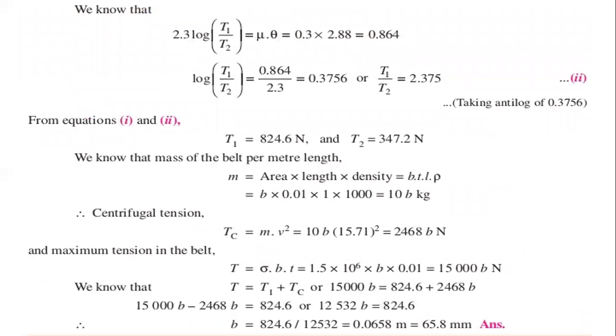Then we know the log equation, that is 2.3 log (T1 by T2) is equal to mu into theta. By substituting the value, mu is given as 0.3, we got 0.864.